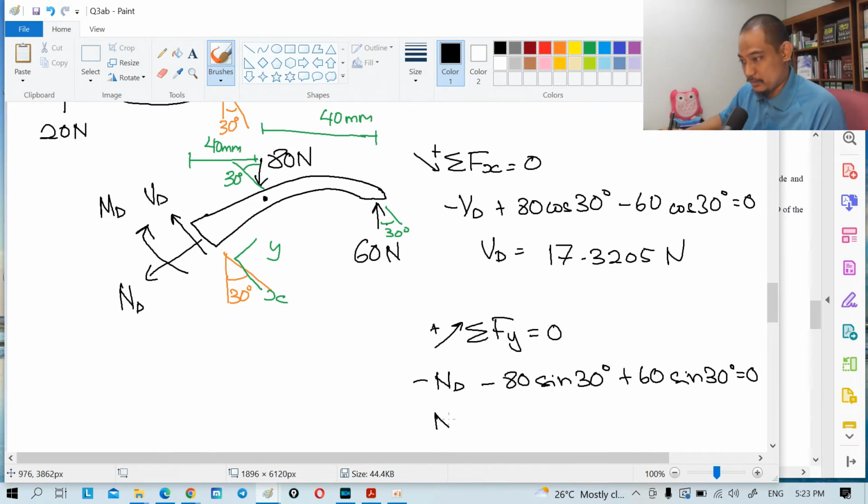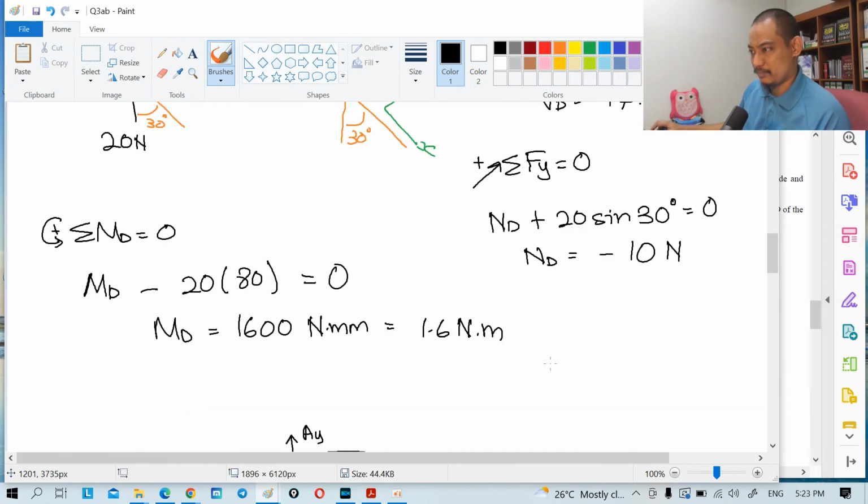So Nd equal to minus 80 times sine 30 plus 60 times sine 30, minus 10 Newton. Again the same, right?